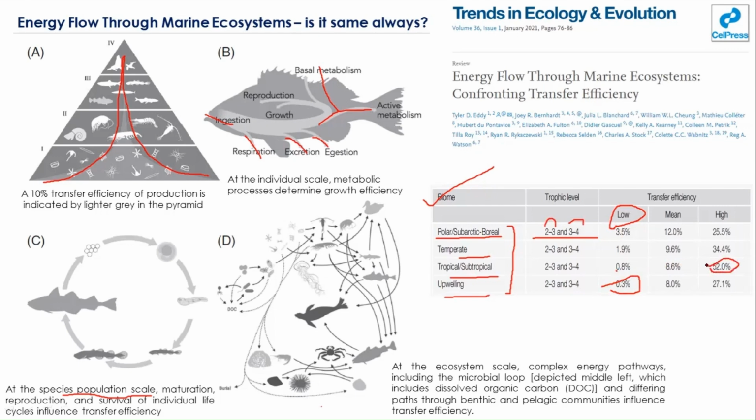Okay, so it means that it is not always that there will be 10% transfer efficiency, but it varies greatly from 0.3 to 52% in the different marine ecosystems.